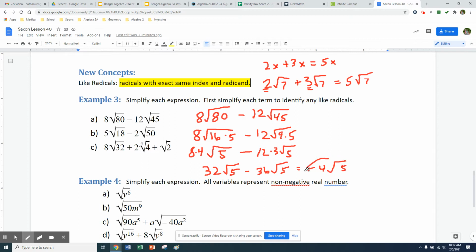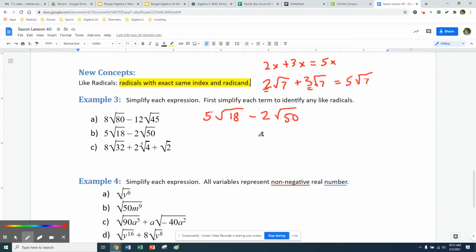So there's going to be my final simplified answer. So even though at first glance we looked at the radicands and they were not the same, we can simplify both of those if possible. We're looking to simplify them, and then we can get them to the same radicand of square root of 5.